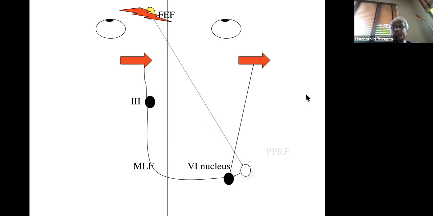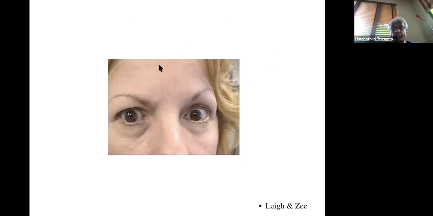These will look the same as far as the eyes are concerned, correct? So a right frontal eye field lesion will cause inability to look to the left. A left pontine lesion affecting the left 6 nucleus will also cause inability to look to the left. So this lady's pathology could be either in the right frontal eye field where my arrow is, or in the left pons. 2 things will look exactly the same in the picture.